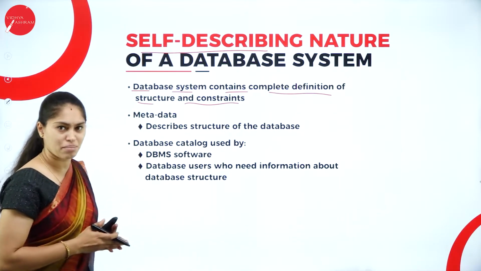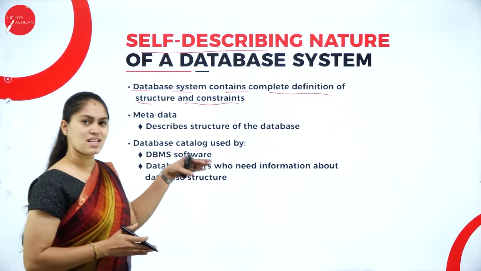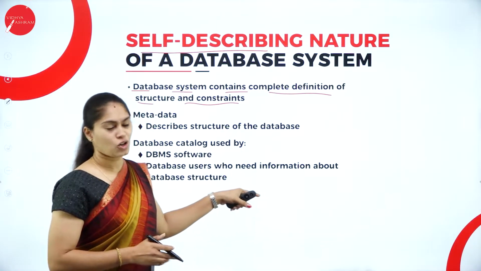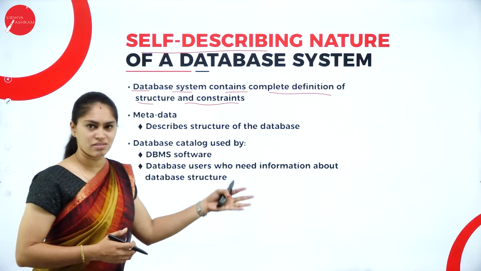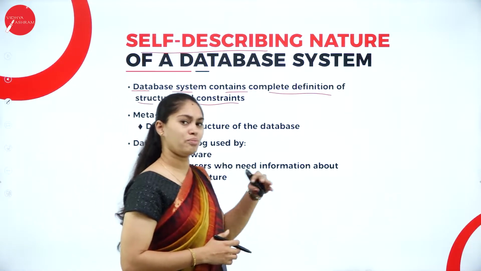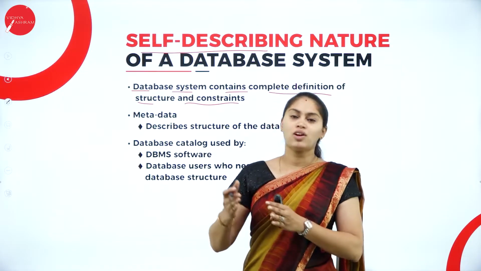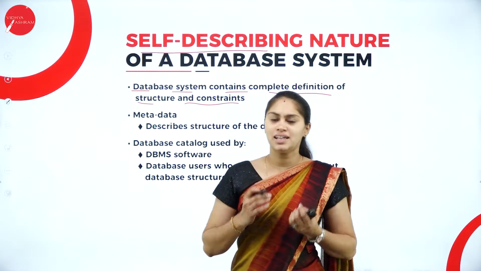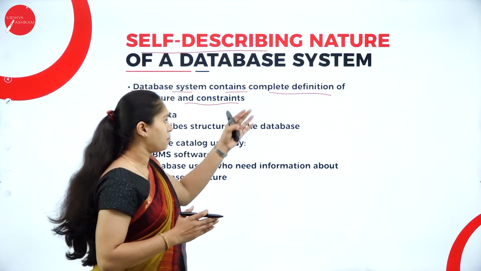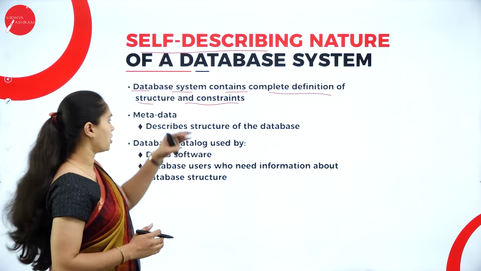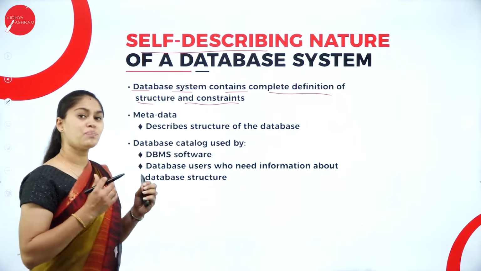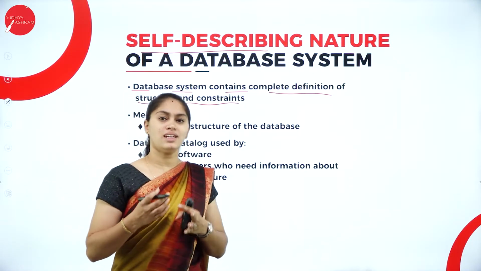So what does a database comprise of? A database has a catalog, and that catalog comprises a complete definition: how many databases I have, how many tables I have, what is the data type of each table, and how many rows and columns. All the definition of a table, or a complete definition of that database, will be stored along with a constraint. That means its rules and regulations.